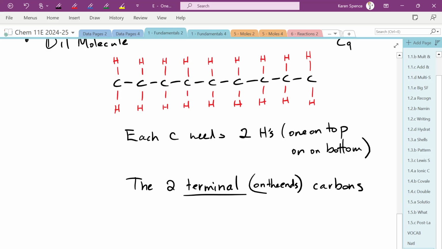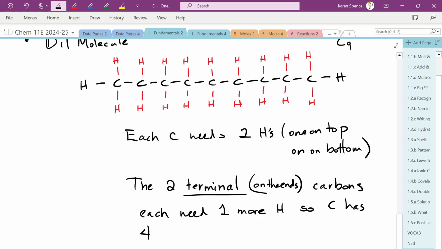So the 2 terminal carbons, what do they need? They need one more. So carbon has 4 bonds. Carbon almost always has 4 bonds. We'll learn later that there are some exceptions, but almost always carbon has 4 bonds because it's got those 4 empty spots in it.